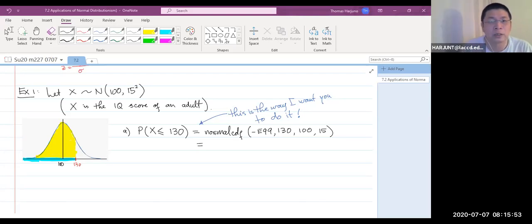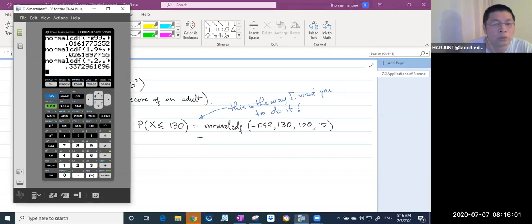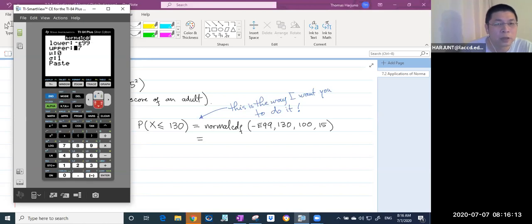Let's see. I use my calculator. Let me change the shading. Okay, so distribution, normal CDF, lower bound negative infinity, up to 130. So that follows the interval notation that we learned before.